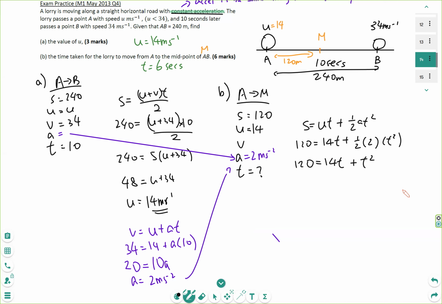It's a quadratic equation, so move it over: 0 equals t squared plus 14t minus 120. Put it in a calculator, it will give you t equals negative 20 or 6. t of course can't be negative, as we can't travel back in time. So that's the final answer. I believe that's the end of the lesson.